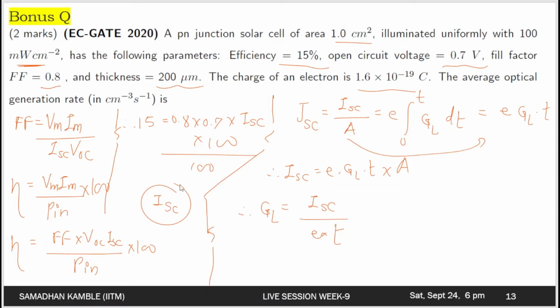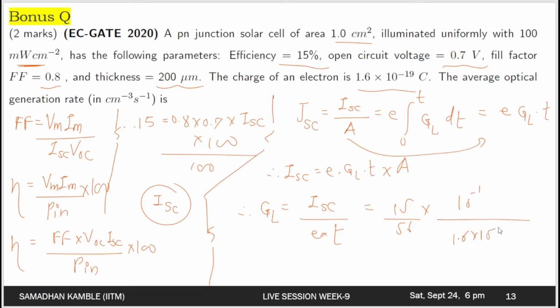If you substitute ISC from here, 15 divided by 56, this is just mere substitution, you can do it.